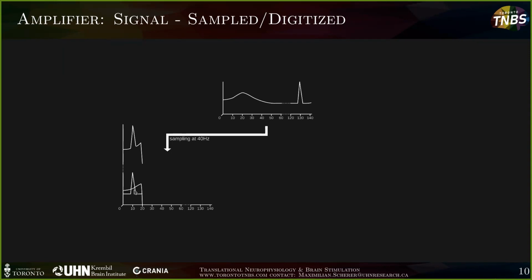Then these two components get summed up, so you're going to end up with a super high peak at 10 Hertz, and the 20 Hertz peak is dead, for lack of a better term.